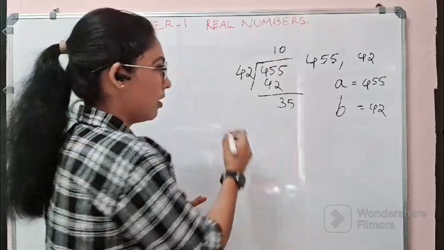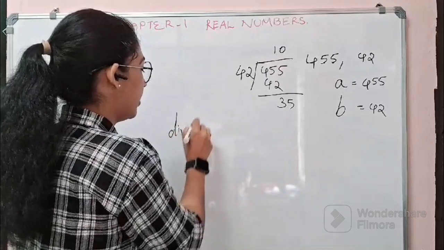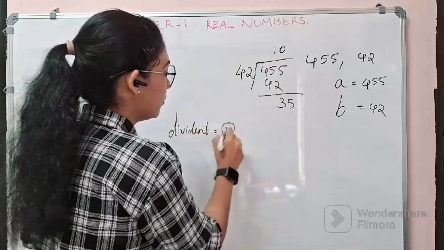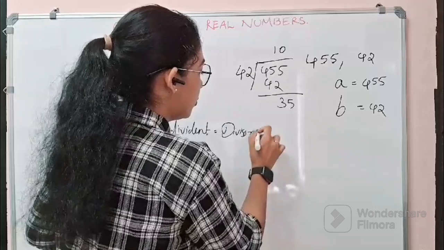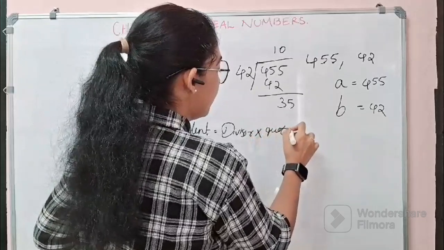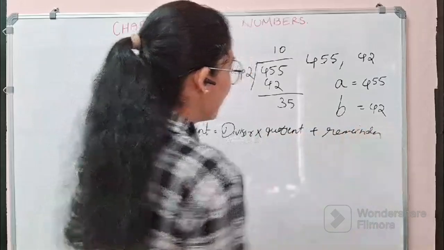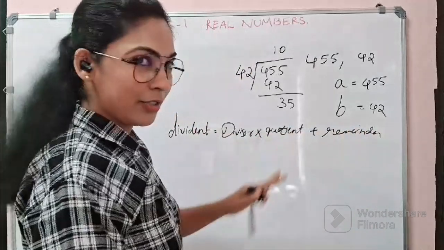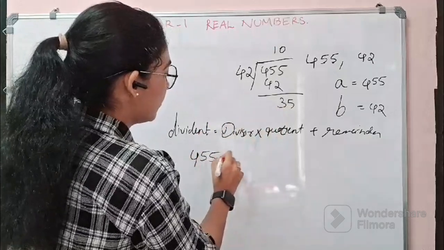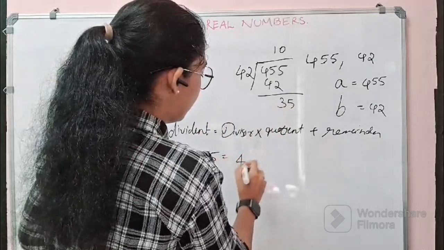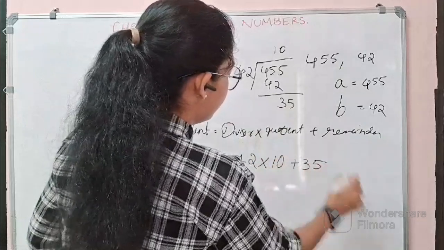The theorem says dividend equals divisor into quotient plus remainder. I am writing everything in short: 455 = 42 × 10 + 35.